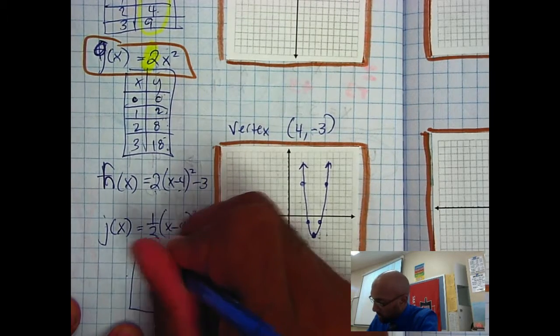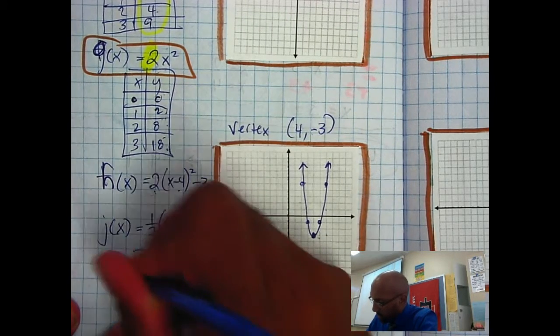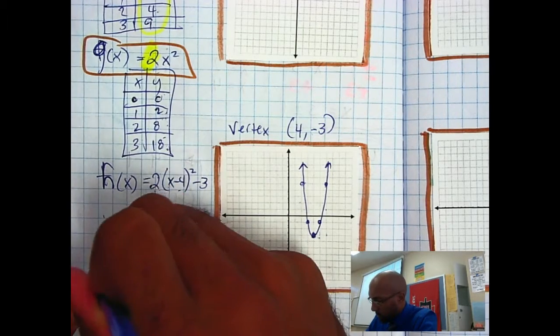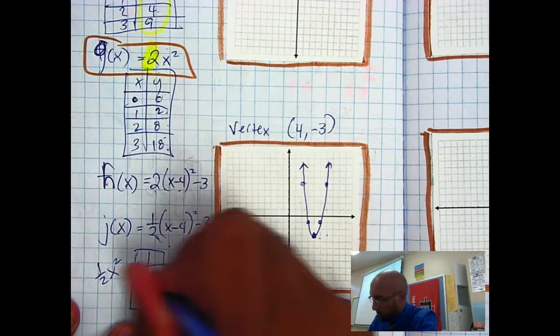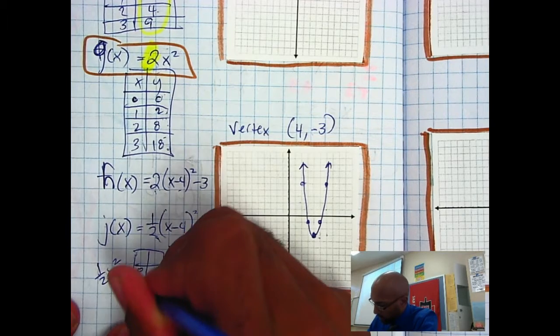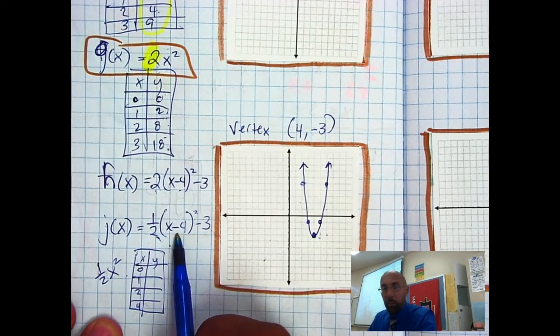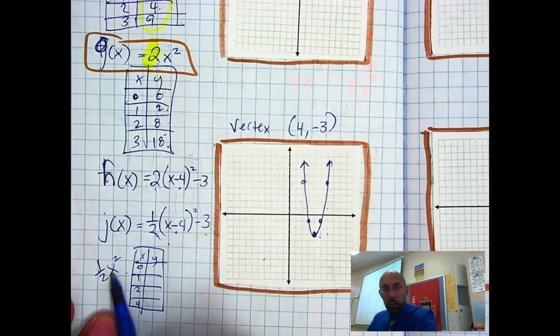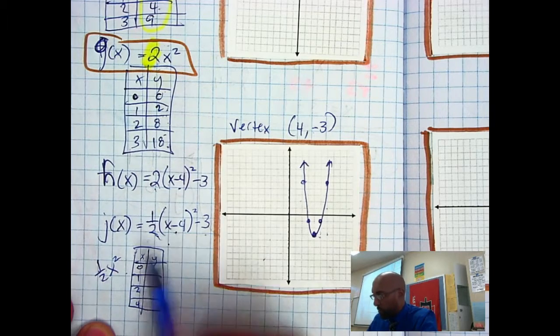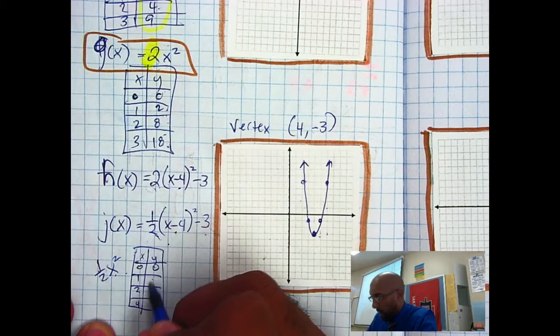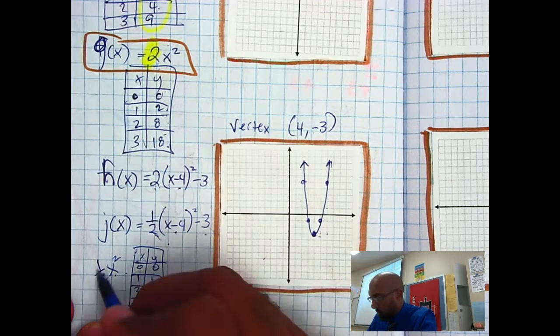So for instance, let's just say it was 1/2 x squared, just like this, okay? So if I put in 0, 1, 2, 3, 4, we're not even thinking about the minus 4 and the minus 3 right now. If I have 1/2, 0 is just 0. 1, well, it's just going to end up being the 1/2, because 1 squared times 1/2.